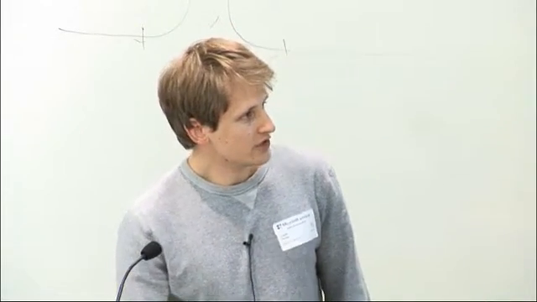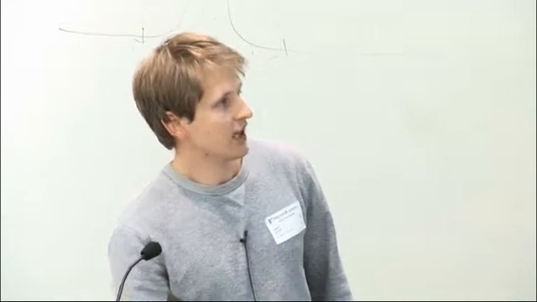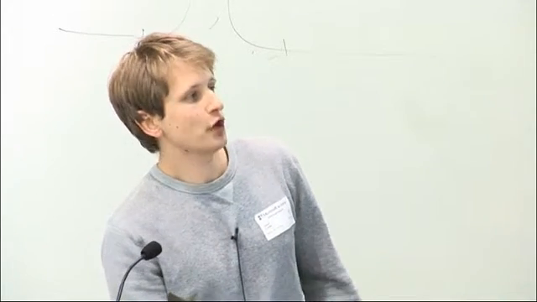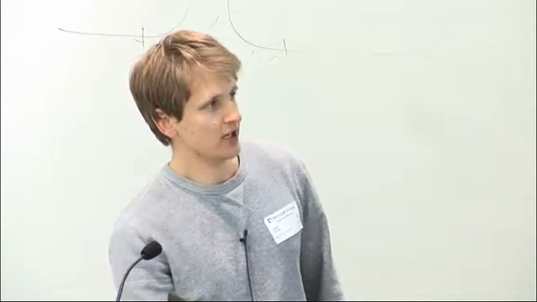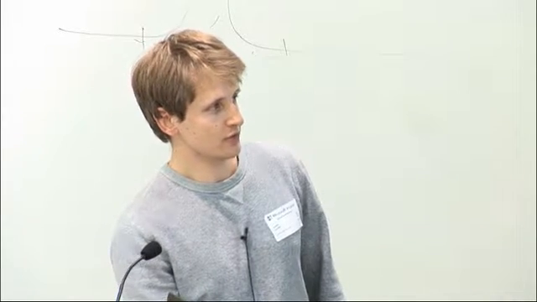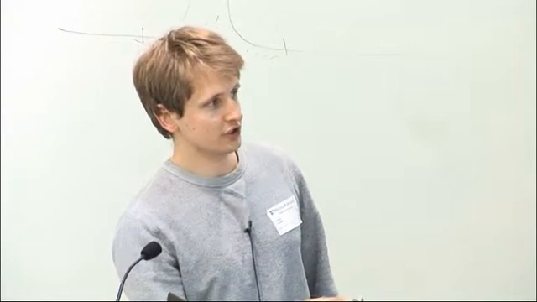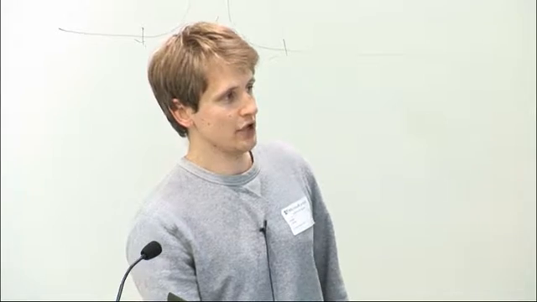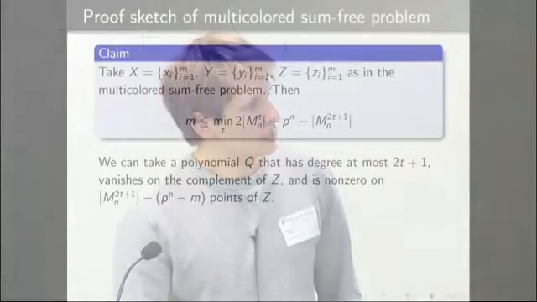And then the claim is that for any t, we have the bound on m of at most 2 times the monomials up to degree t, plus the monomials with degree above 2t + 1. And how do we prove this?